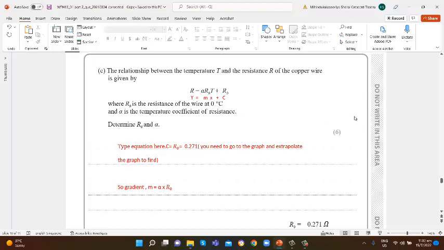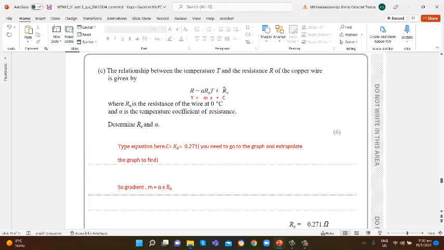I want to give you some advice. Normally, the graph you are getting in unit 3, last question, is almost y equals mx plus c. So when you get the equation, you have to turn it into y equals mx plus c.